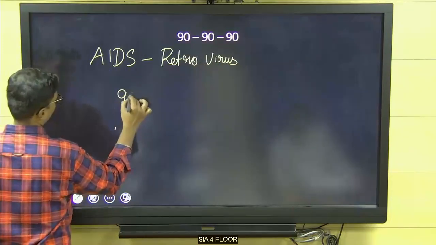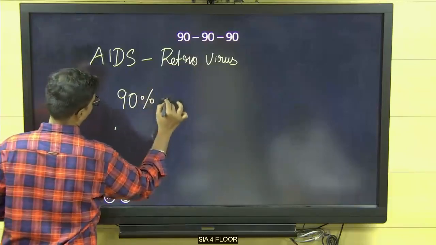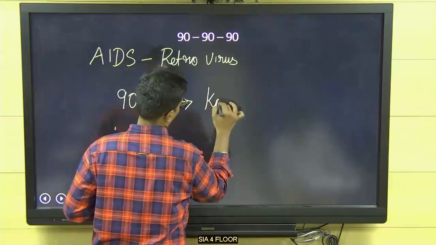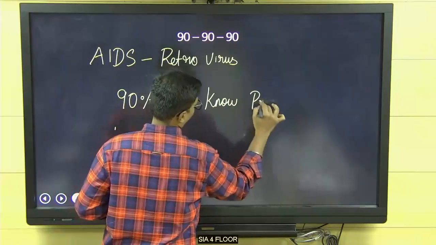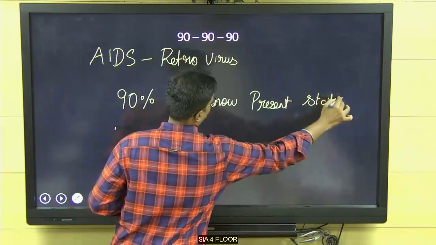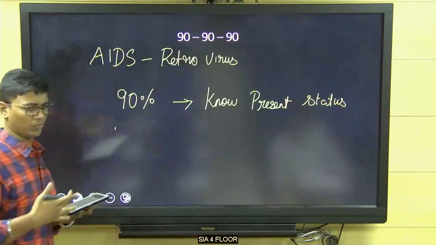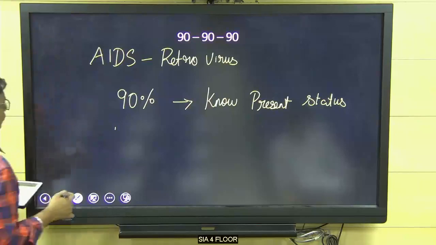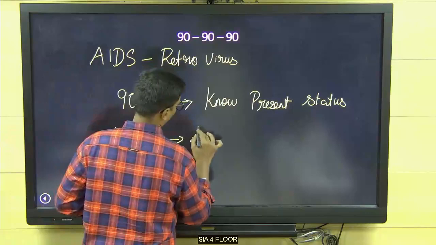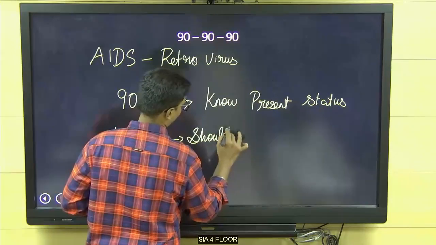First thing, 90% of the people affected by HIV should know their present status, that is, how is the viral load in their body. They should know the present status. 90% should know their present status, and 90% should have access to antiretroviral therapy.